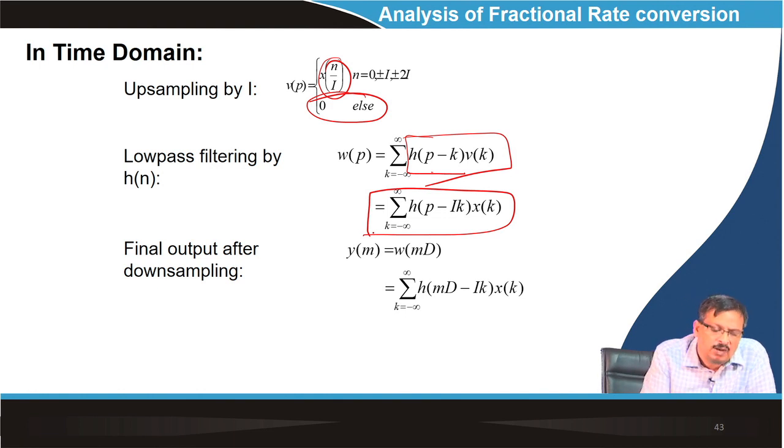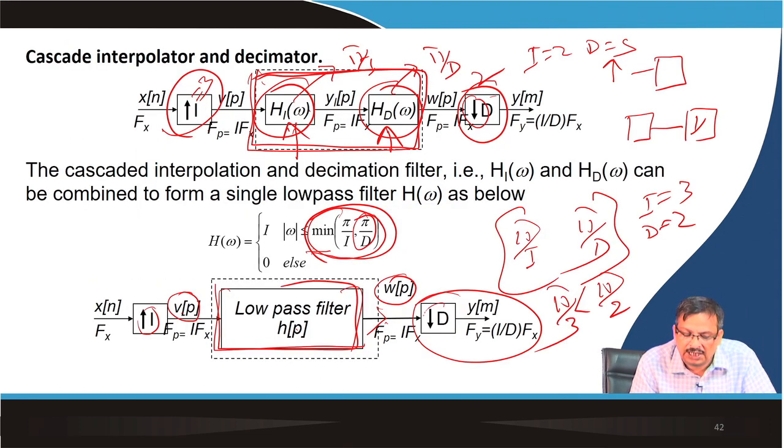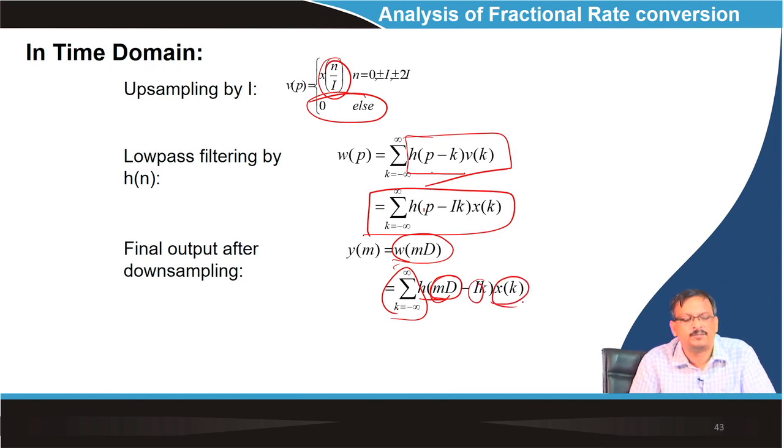Okay. Now, the final output after downsampling: w(n) is downsampled by D. So, now w(n) is downsampled. I know y(m) is equal to w(m into D). So, I can say it is the sum over k from minus infinity to infinity of h(mD minus Ik) into x(k).